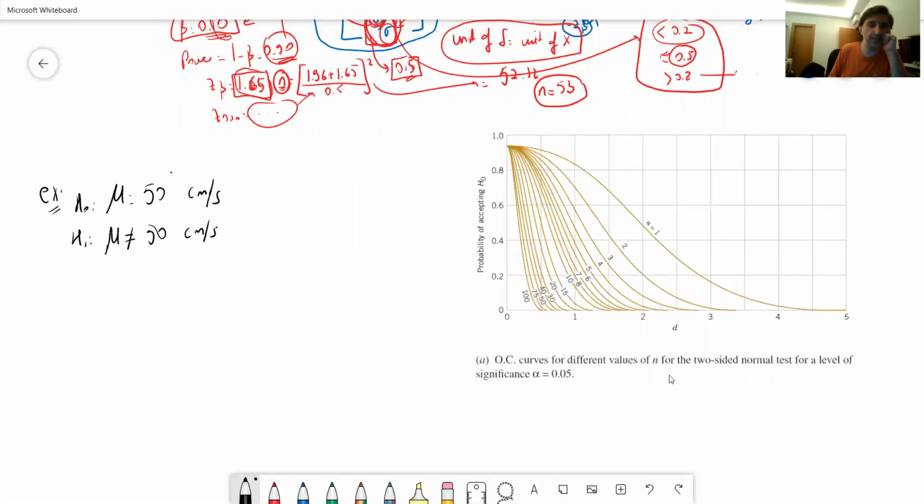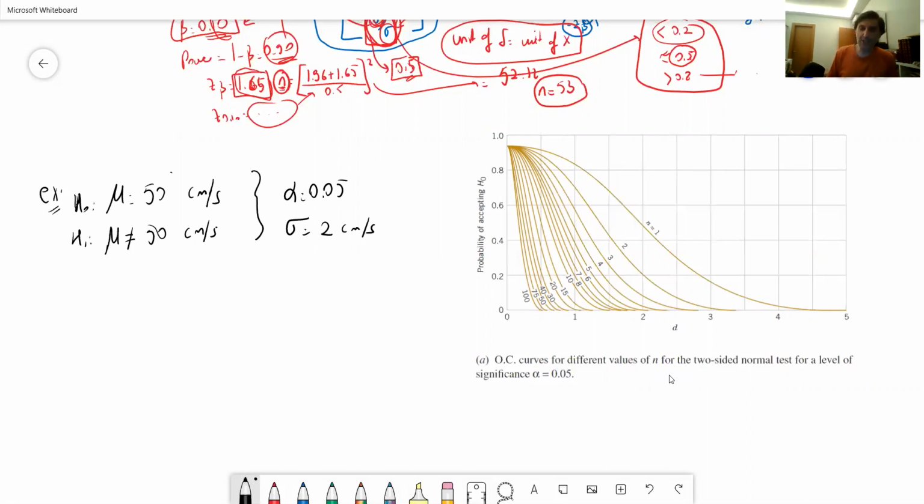So it's simply, we would like to test whether our rocket propellant suits the specifications or not. Let's say that we are going to conduct this test at an alpha value of 0.05, and sigma is given to us as 2 centimeters per second.